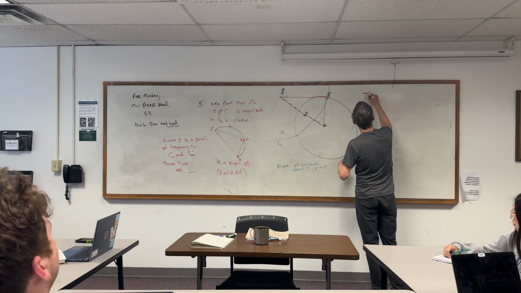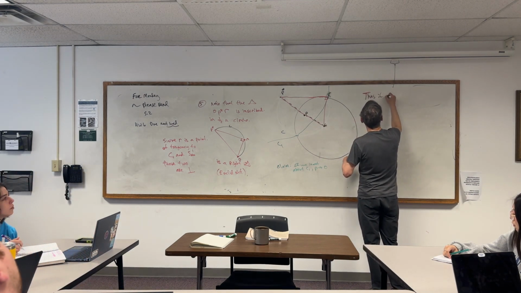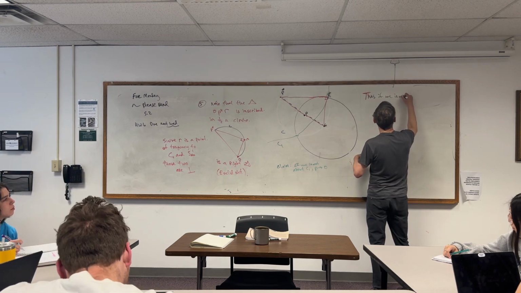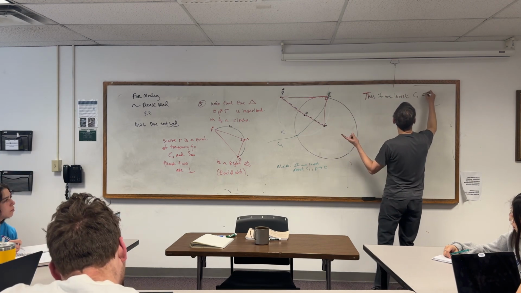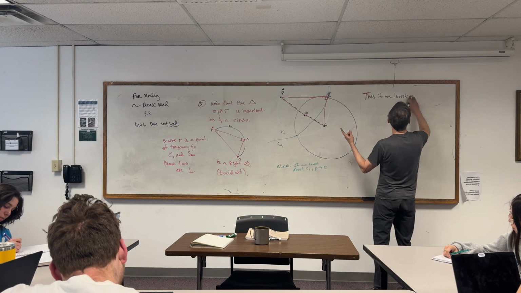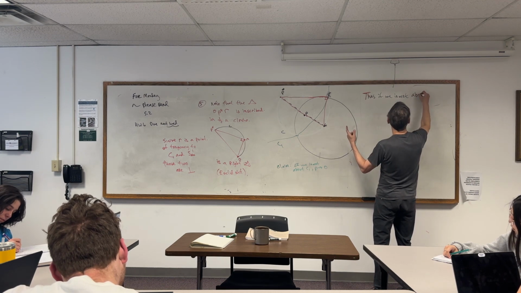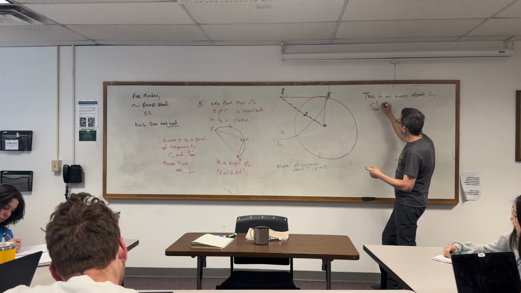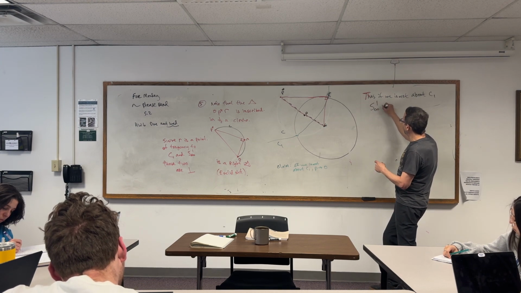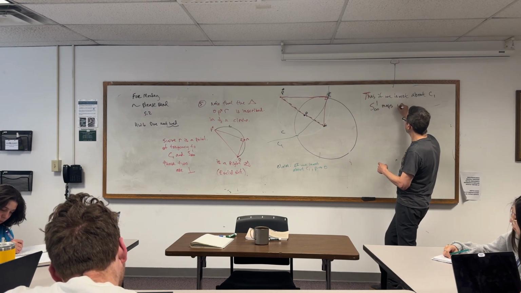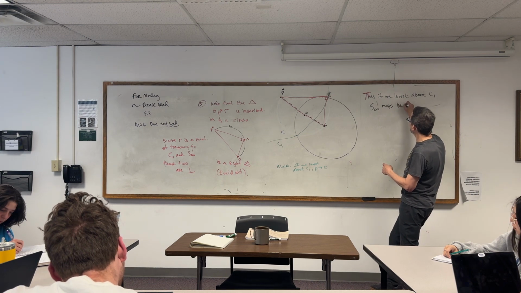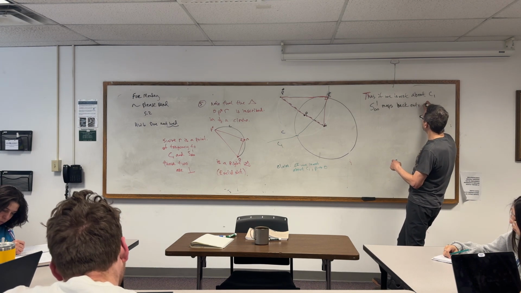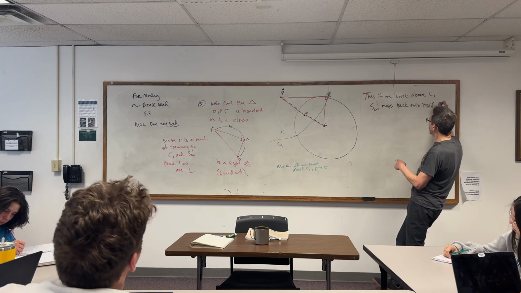Thus, if we invert about C1, the unit circle maps back on to itself, because they are orthogonal circles.